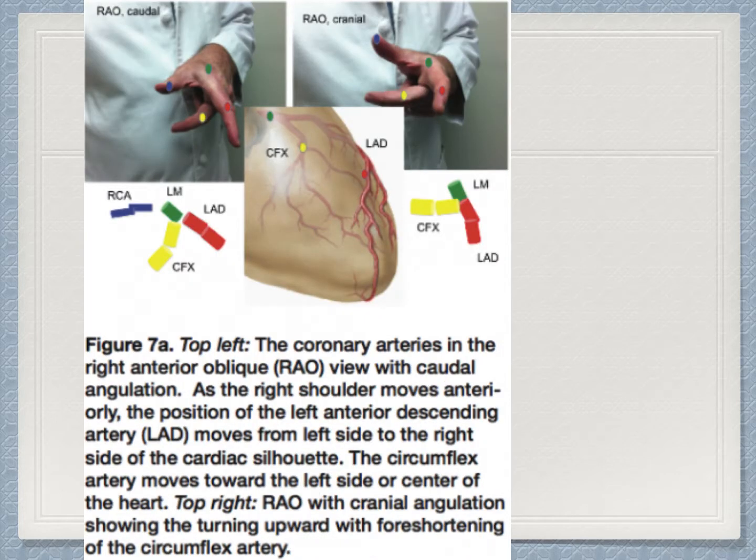On the right, now we're seeing the left coronary with the RAO disposition. It's like the same peace sign, but a little rotated.